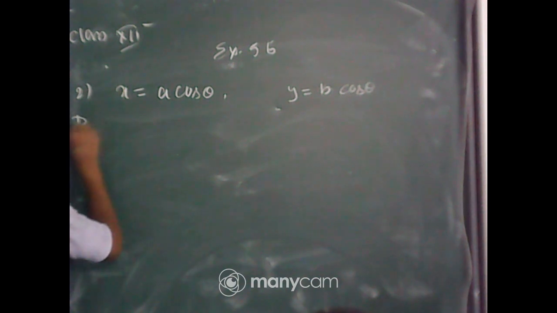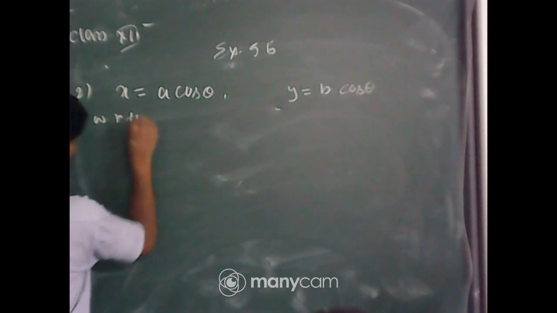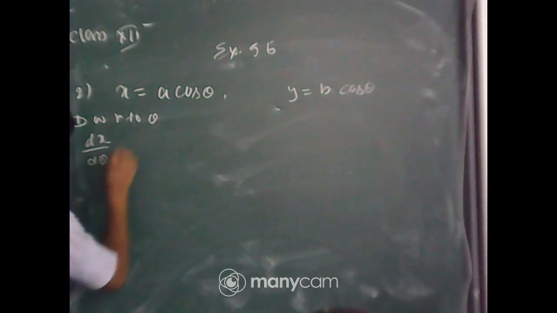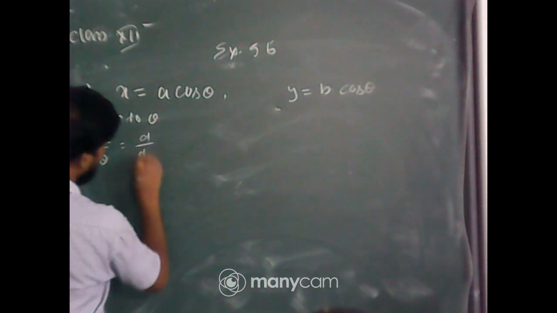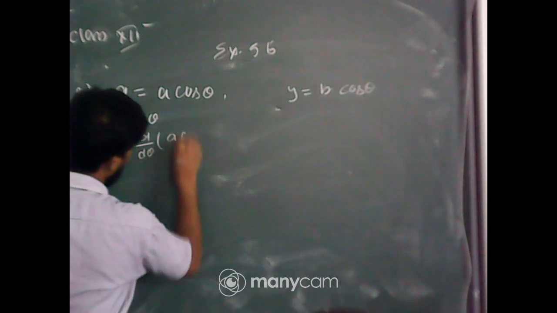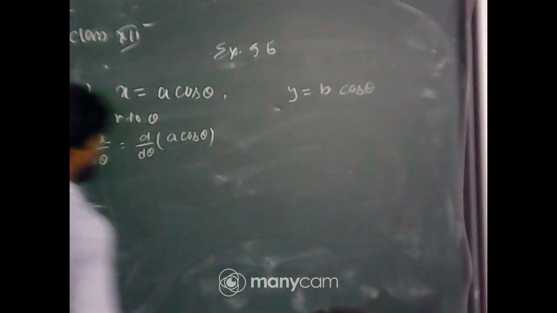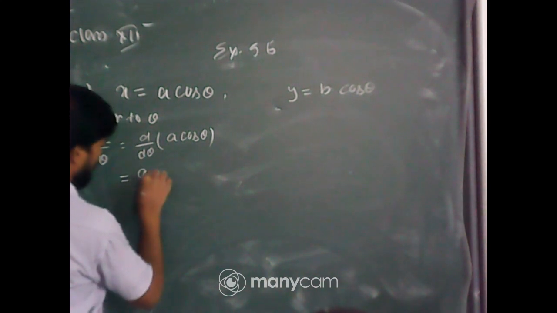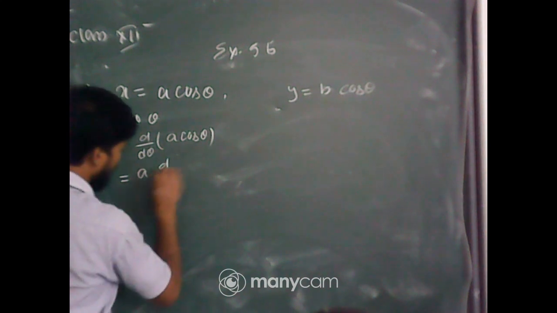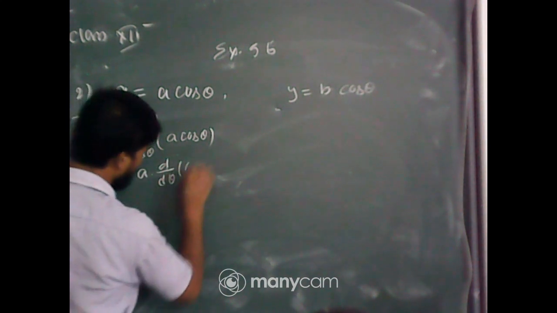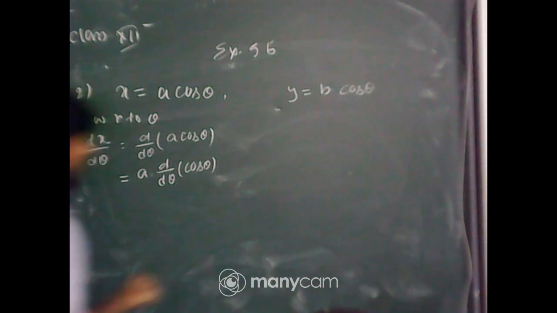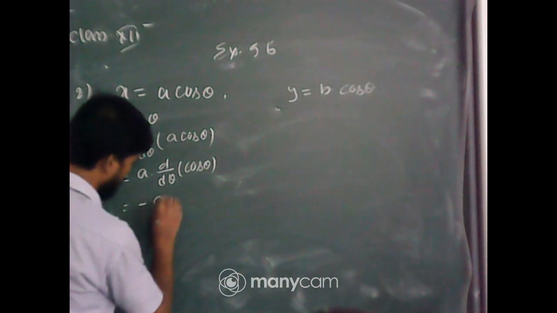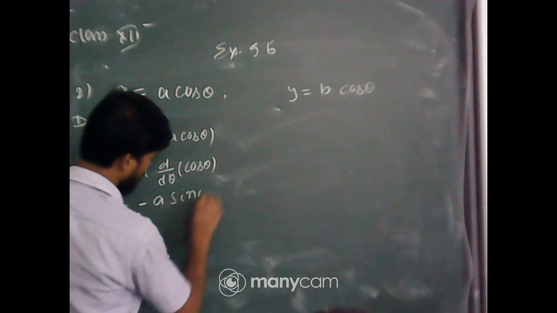Differentiating with respect to theta, we have dx/d theta equal to d/d theta of a cos theta. Here a is a constant, so it comes out of the bracket, and the derivative of cos theta is minus sin theta, so that will be minus a sin theta.